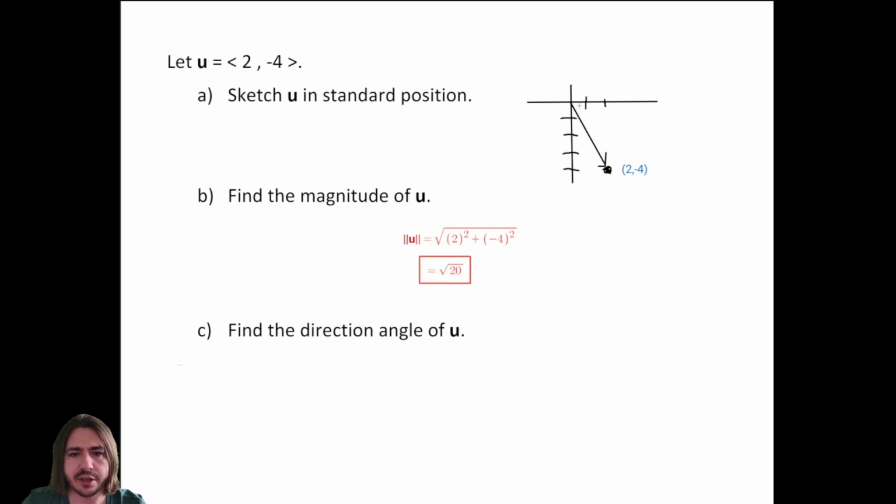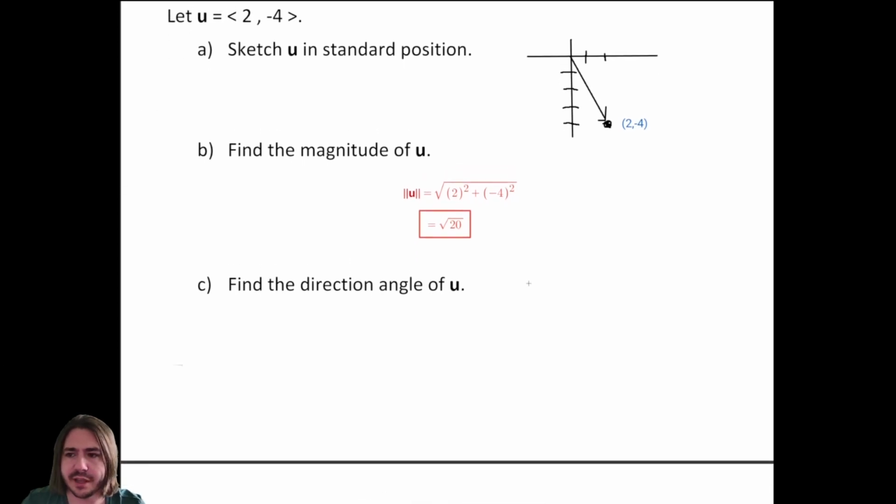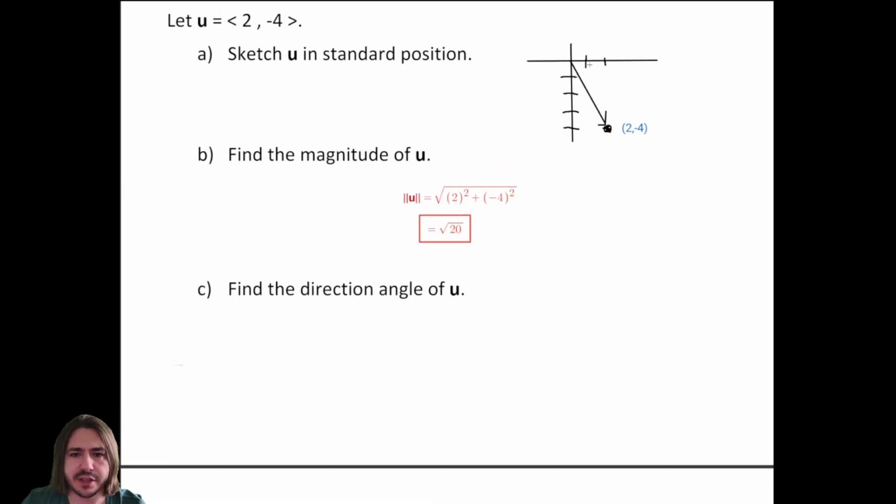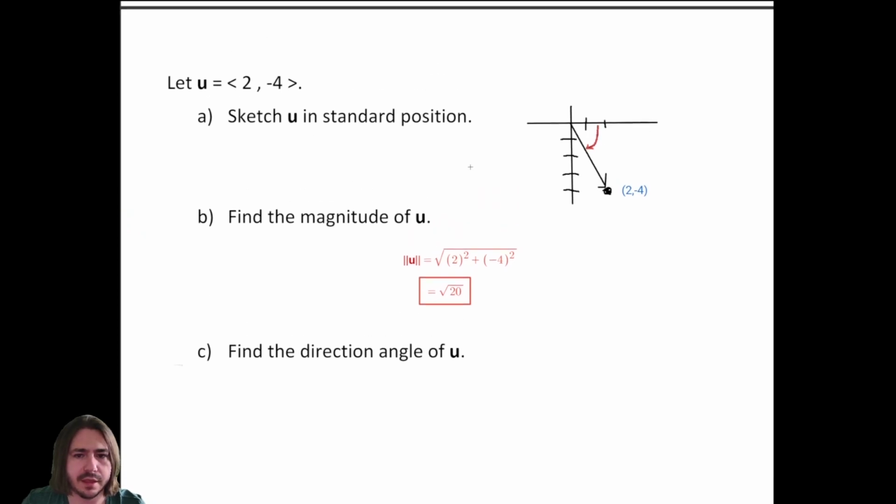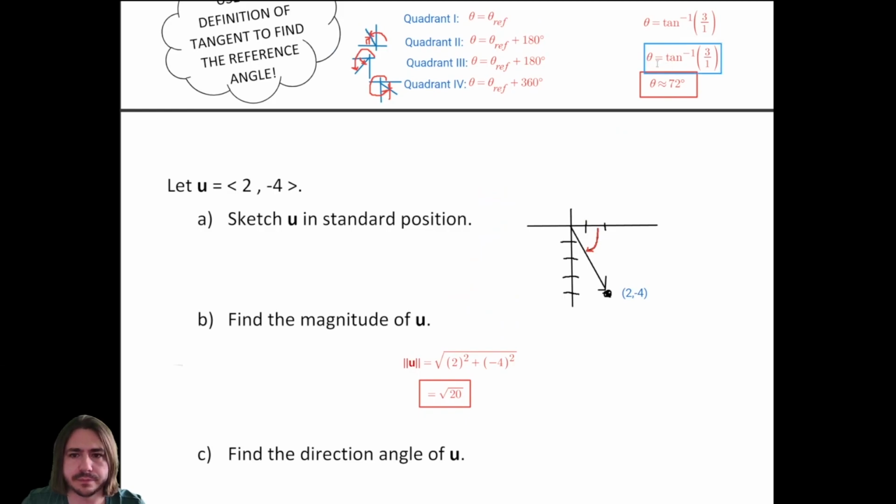And then the direction angle, we're going to use tangent to find that. Now the inverse tangent is going to give me this angle right here. This is going to be the reference angle that it's going to give me. Let me use a different color just to emphasize it. There we go. So this angle right here is the reference angle.